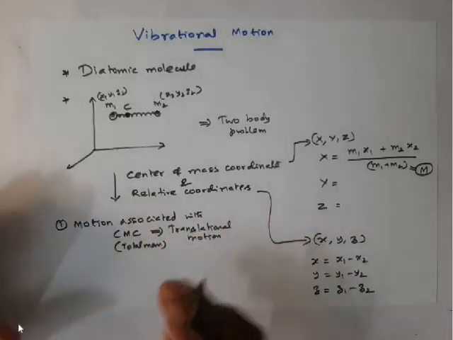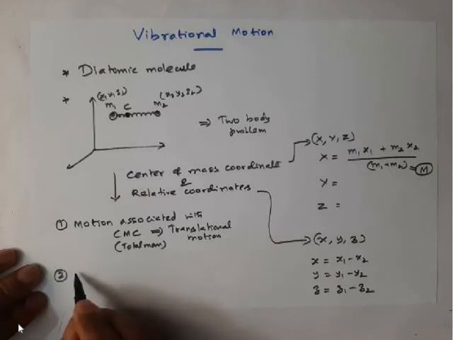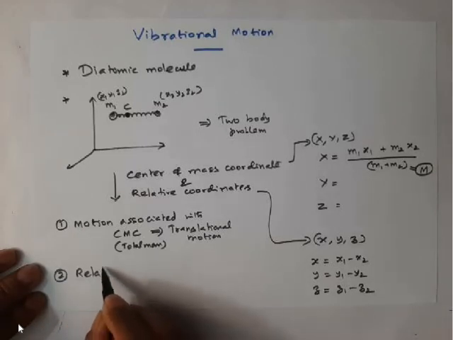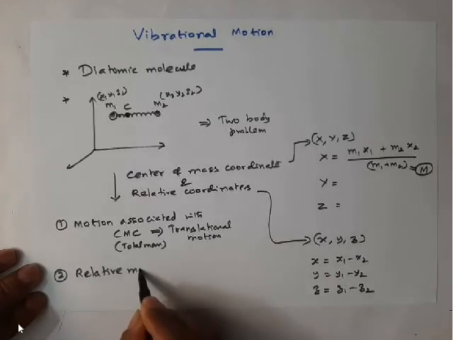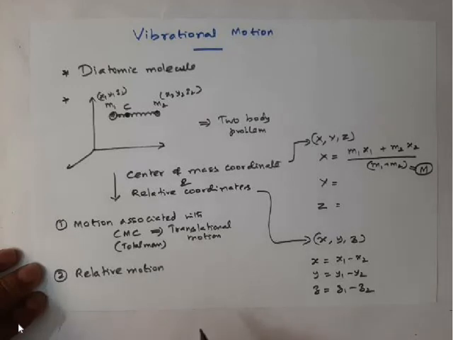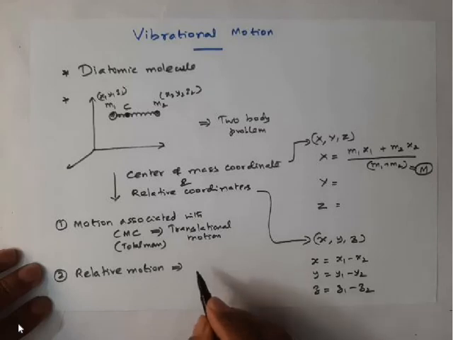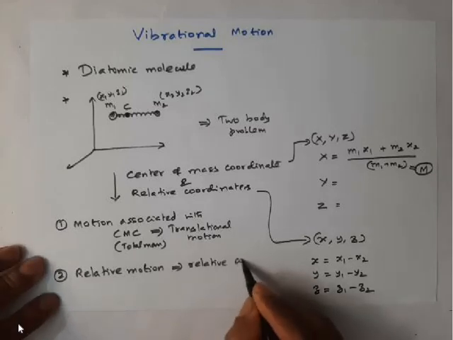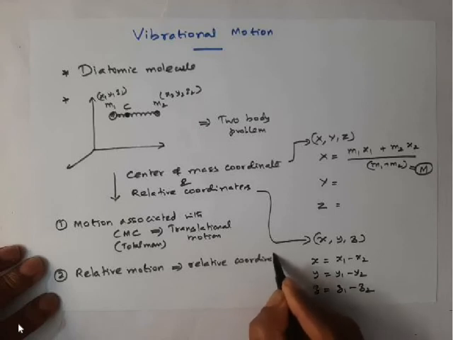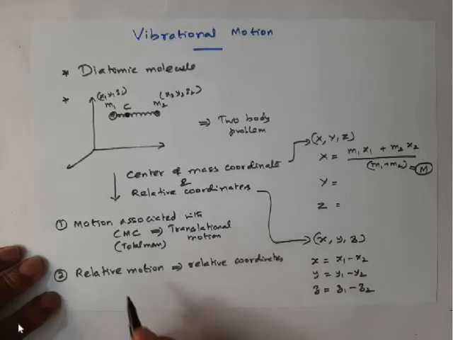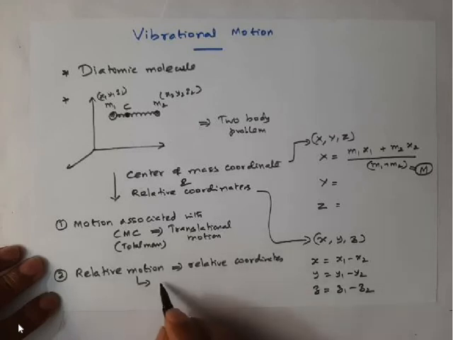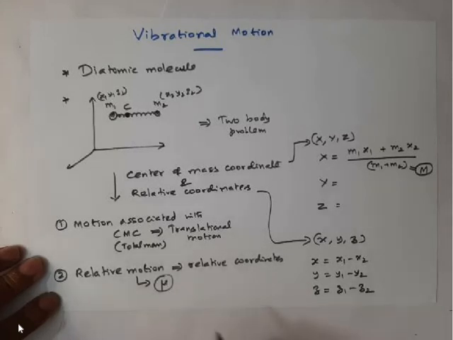I am going to consider only the second motion, called the relative motion. This relative motion depends on the relative coordinates of the system, and in relative motion, the mass of the object becomes equal to the reduced mass.